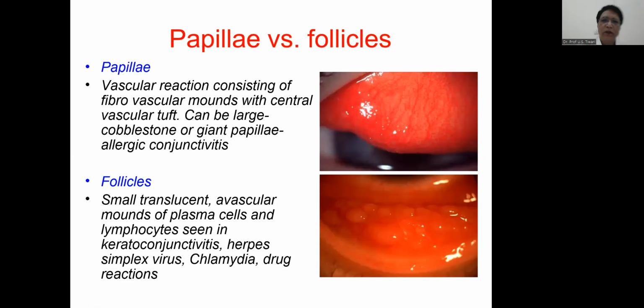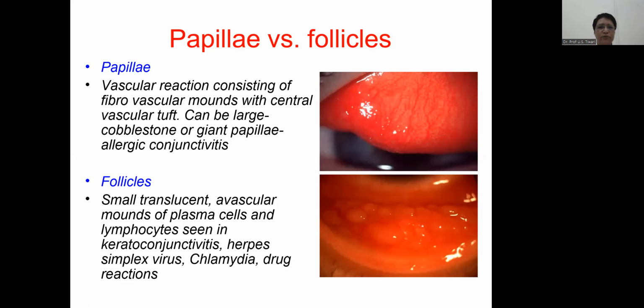So the difference between the papillae and the follicles is being shown here in these pictures. The papillae, as you see here, is a vascular reaction that consists of fibrovascular mounds with a central vascular tuft.